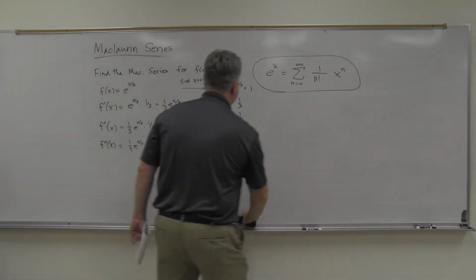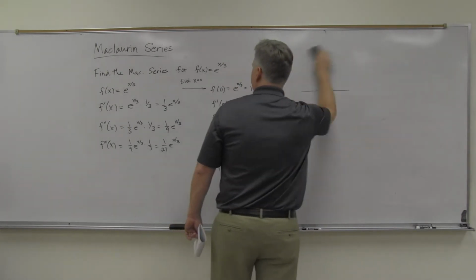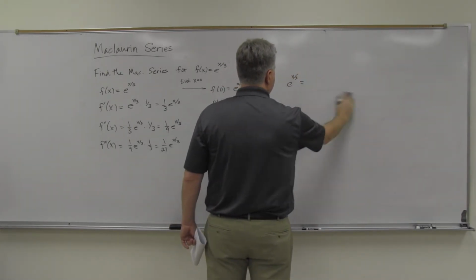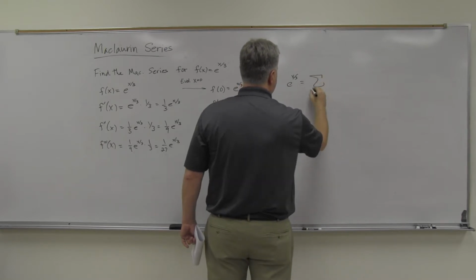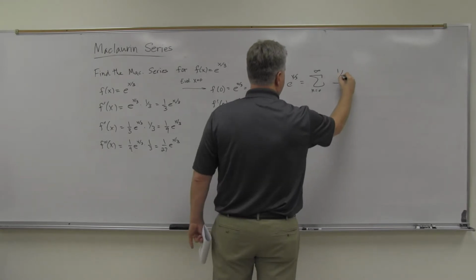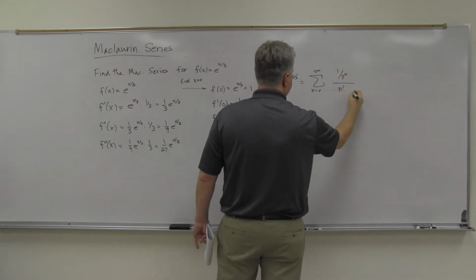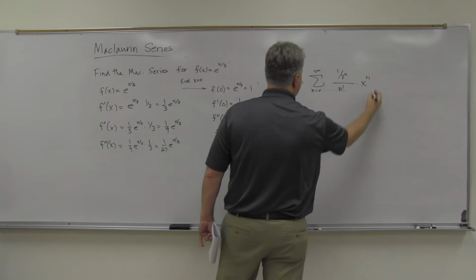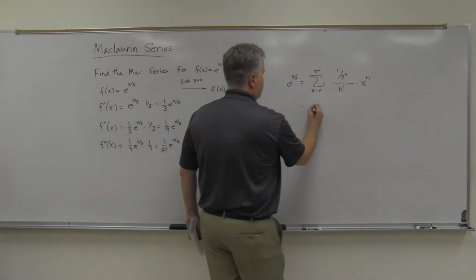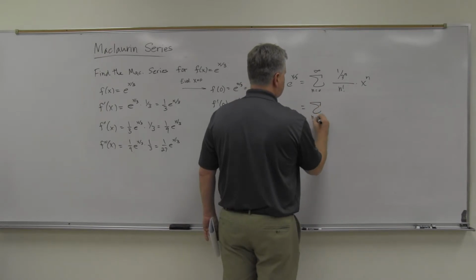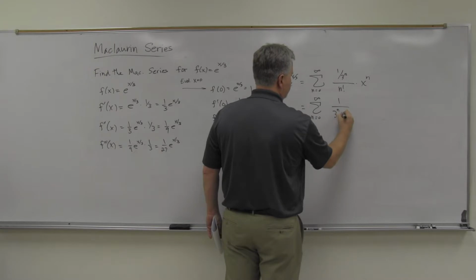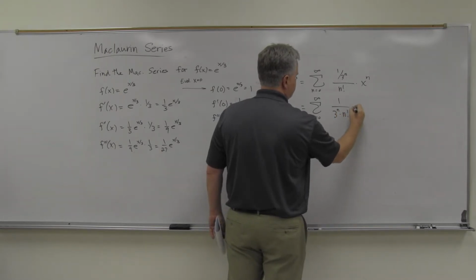So in that case, e to the x over 3 would be the series, n equals 0 to infinity, the nth derivative at 0 is 1 over 3 to the n, divided by n factorial, times x to the n. So just to clean it up, that would be n equals 0 to infinity, 1 over 3 to the n times n factorial, times x to the n.